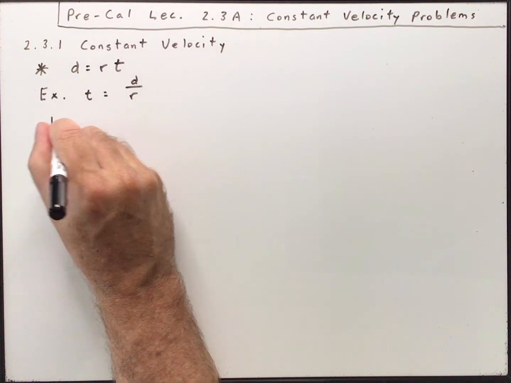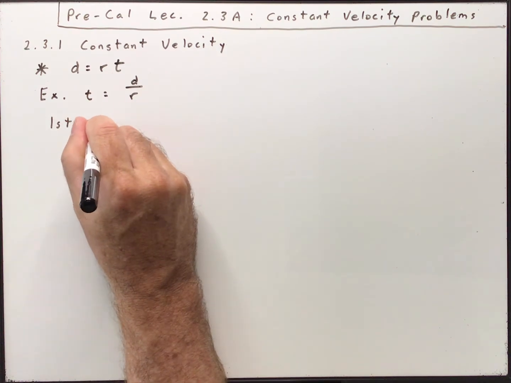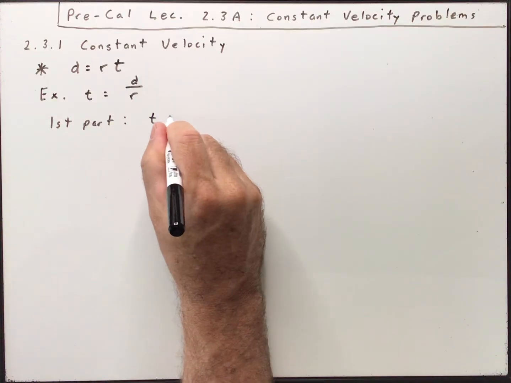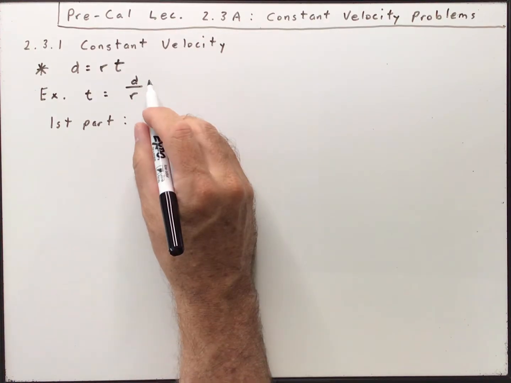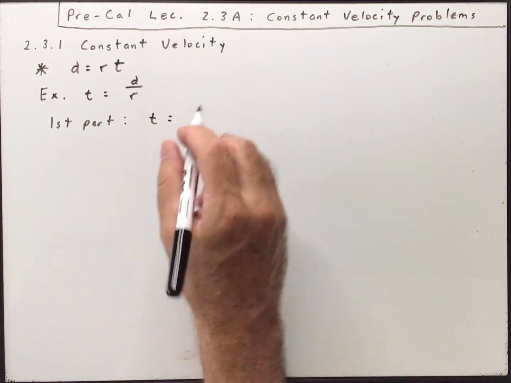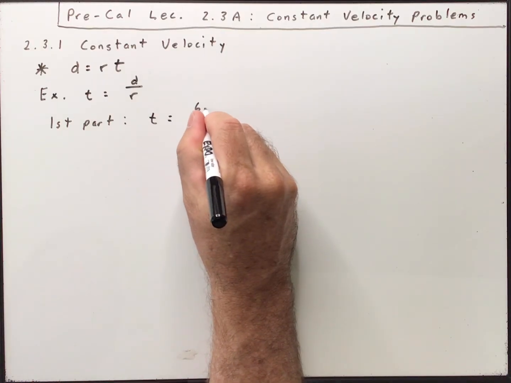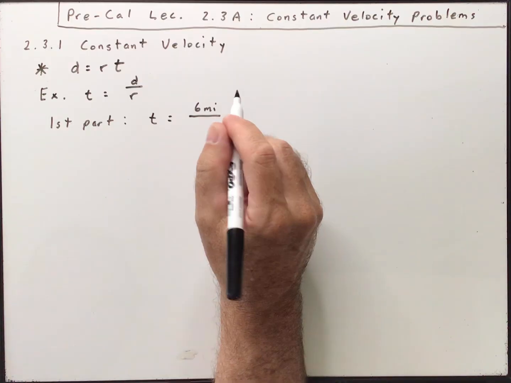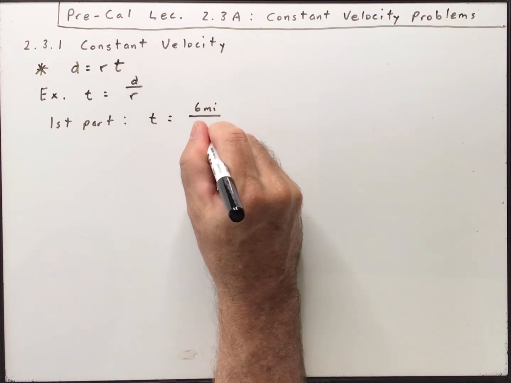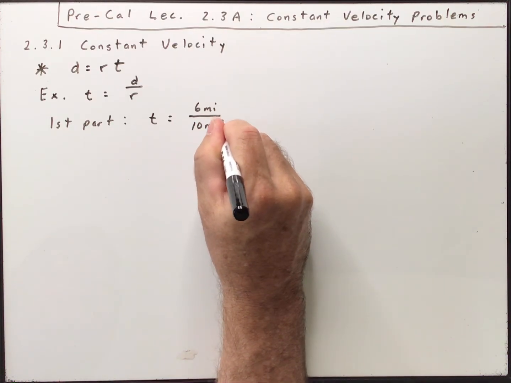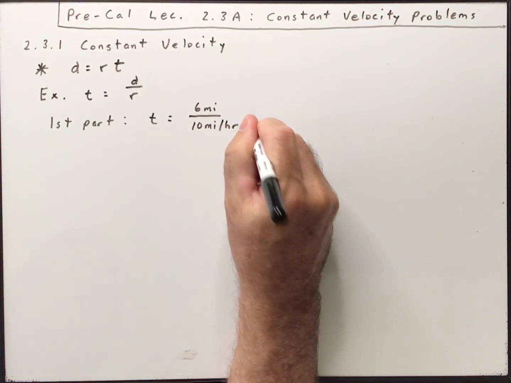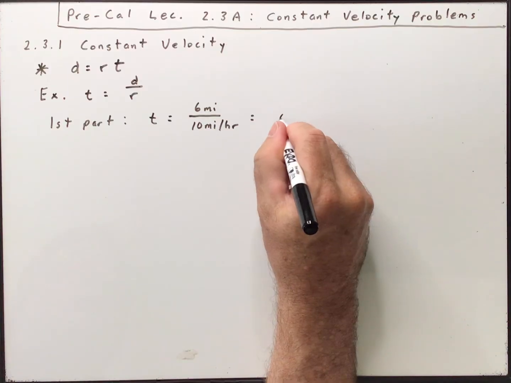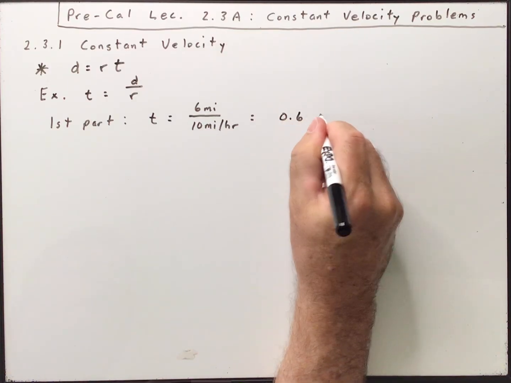For the first part of the trip, our time is equal to the distance, which was the first 6 miles, and his rate was 10 miles per hour. So that's equal to 0.6 hours.